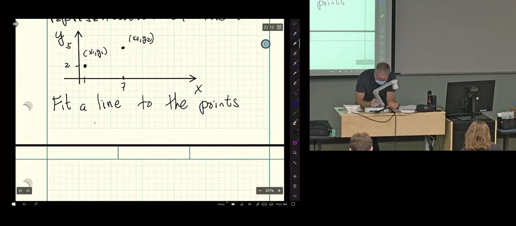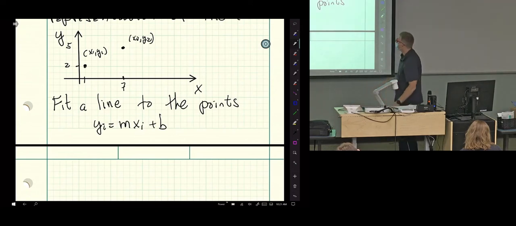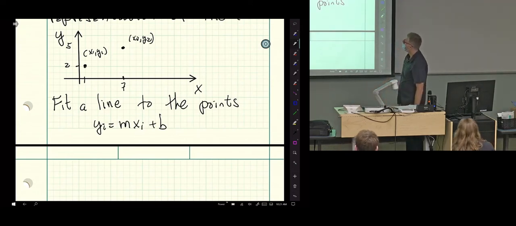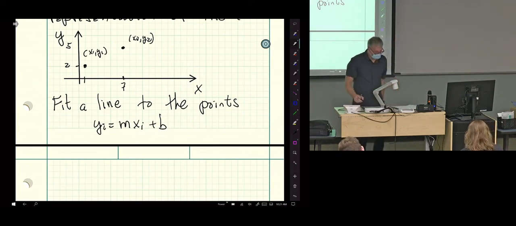Okay, but I want a model of these points. So I have my x1, y1, and my x2, y2. x1, y1 is 1, 2, and x2, y2 is 7, 5.